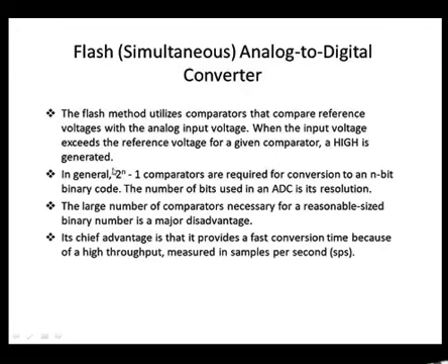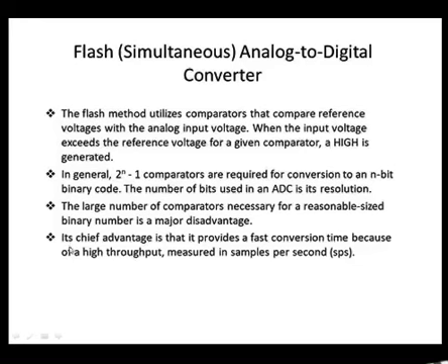In general, 2 raised to the power n minus 1 comparators are required for conversion to an n-bit binary code. The number of bits used in an ADC is its resolution. The large number of comparators necessary for a reasonable sized binary number is a major disadvantage of this method.